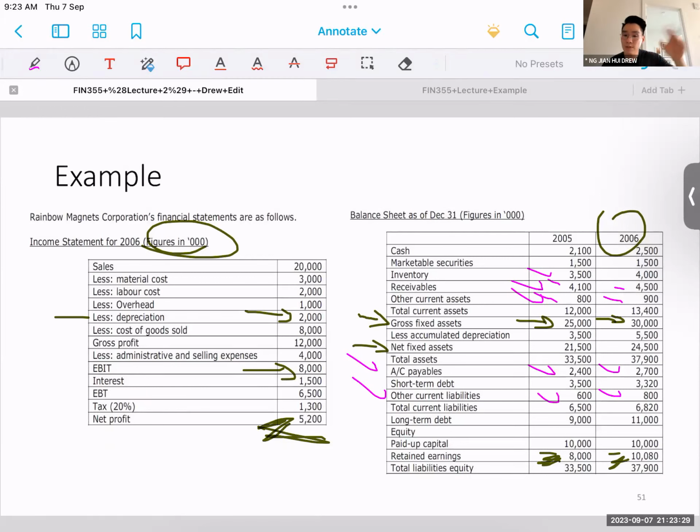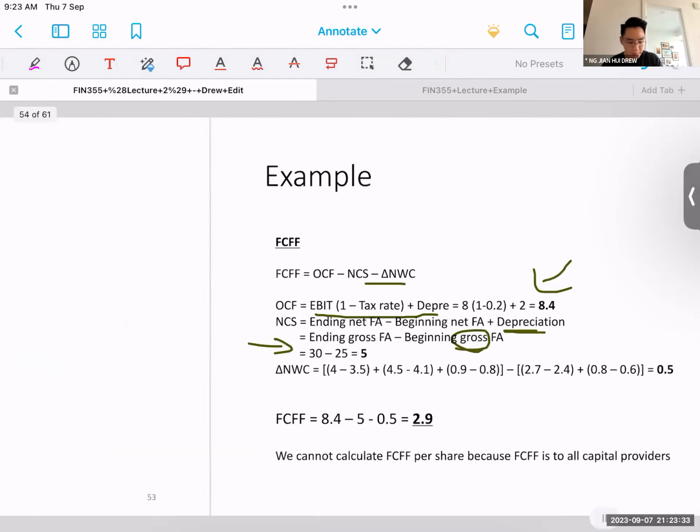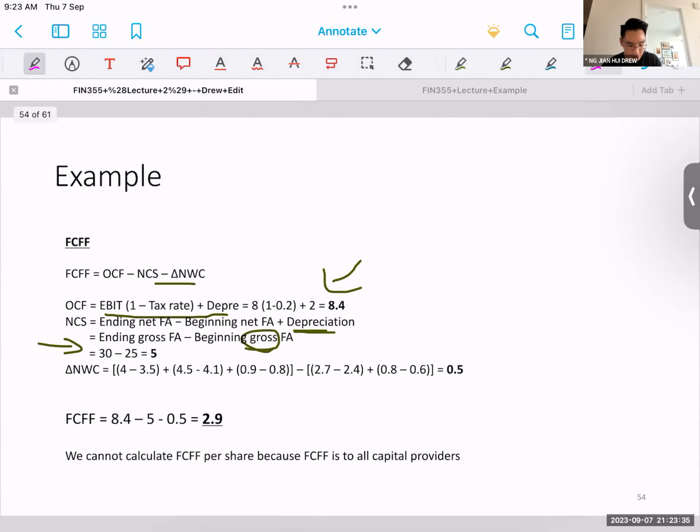So remember, once we do the change, we need to take the CA minus the CL. So I'm just flipping back to the slide. So these are all the CA, and this is the CL. Now, for the FCFF, we fall back into this formula.